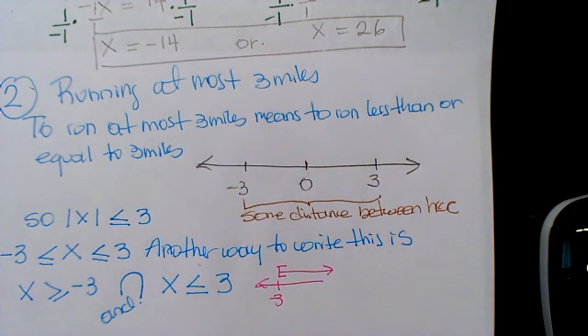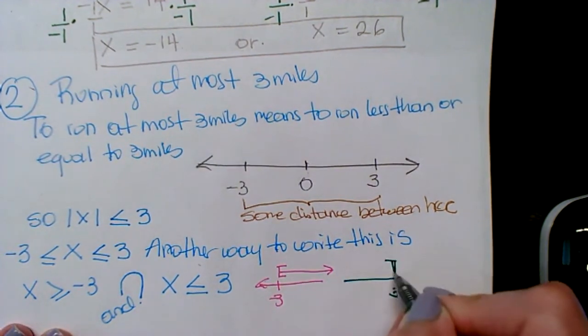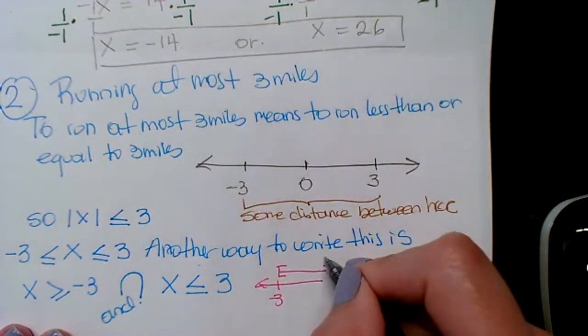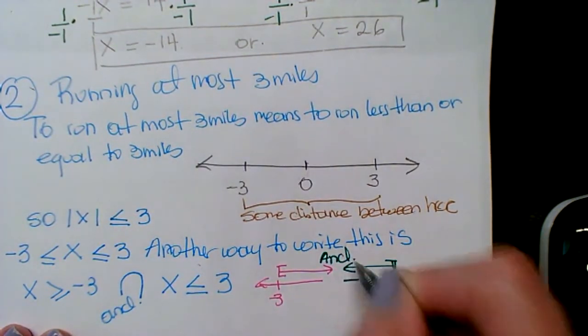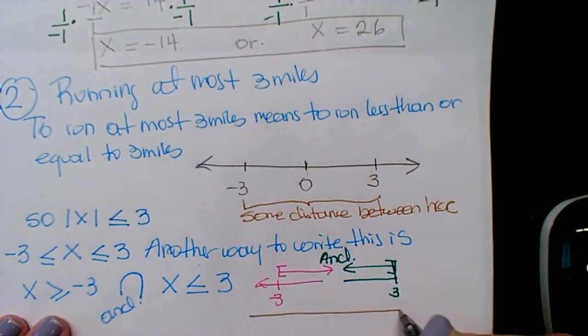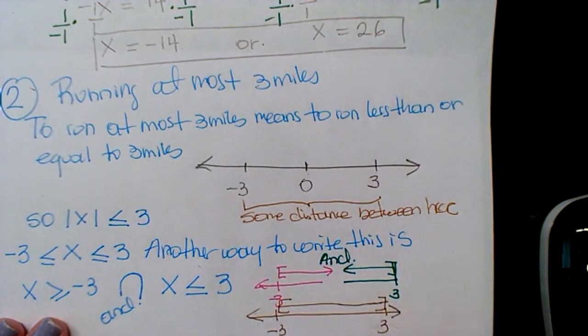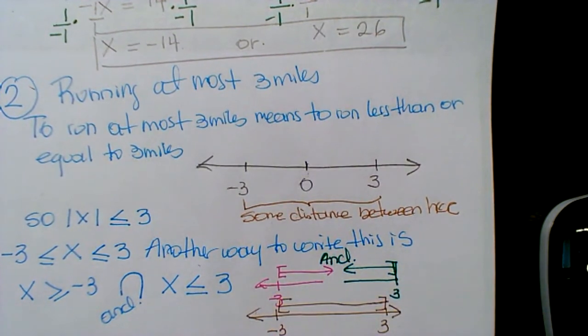And the other side would be and. All right, so the answer is going to be between negative 3 and 3.